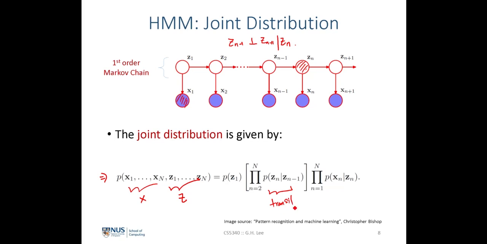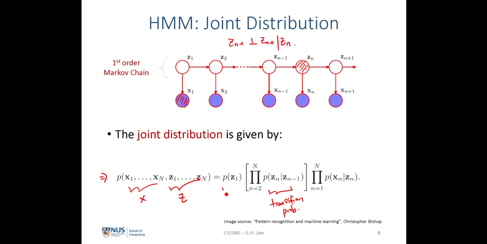We call this the transition probability because this distribution tells us that, given that we are at the hidden state at the previous time step, what is the probability that we move to another state in the next time step.